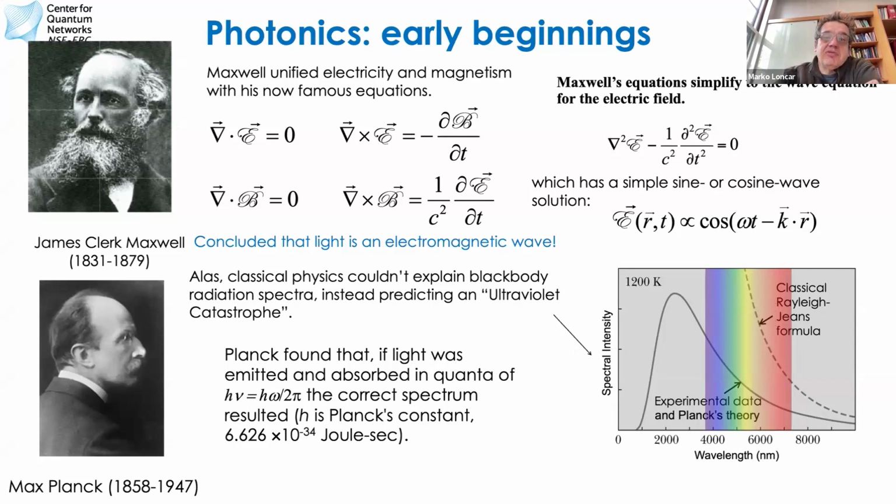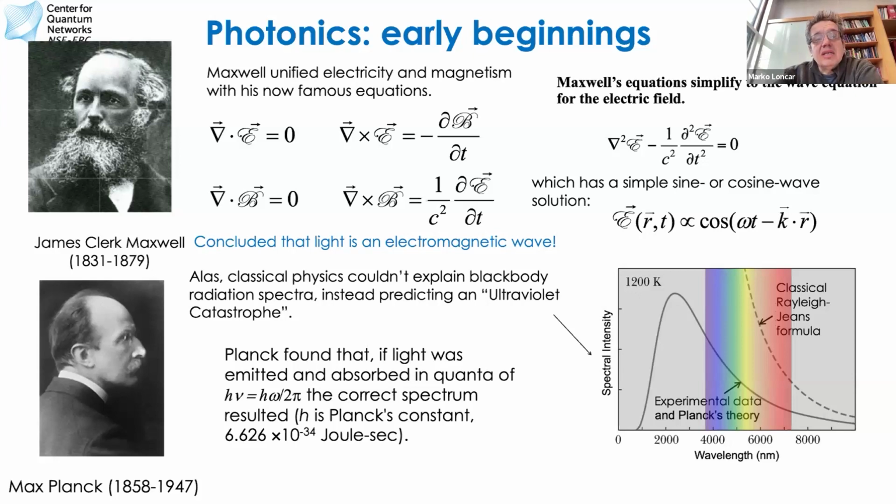This was the first time the photon was introduced. Going back to photonics, it is a discipline where photons are used as information carriers in various information technology systems, as opposed to electronics, where electrons are used as information carriers.